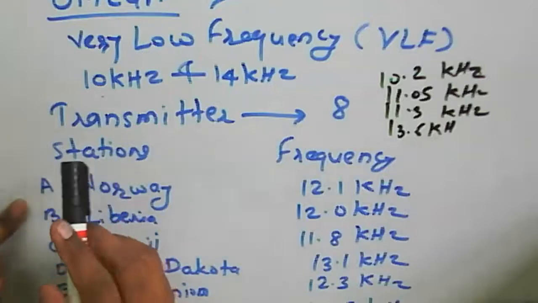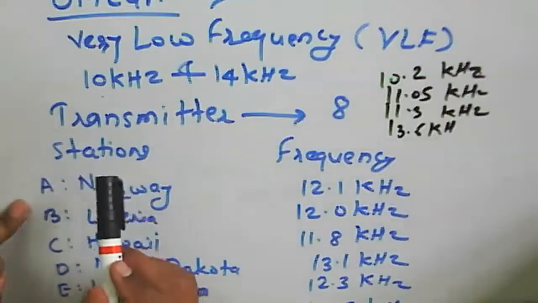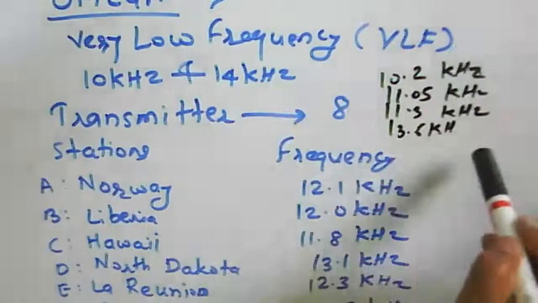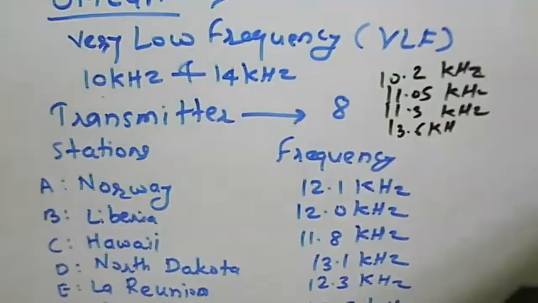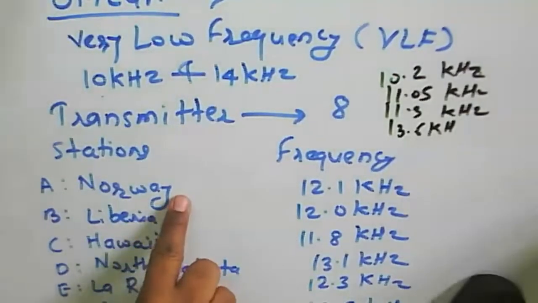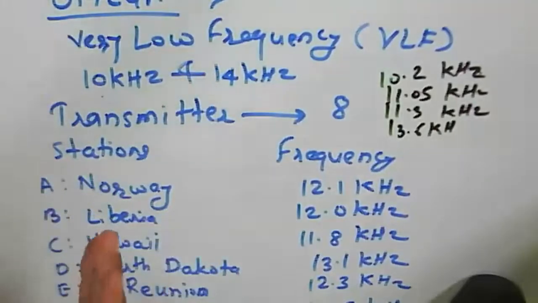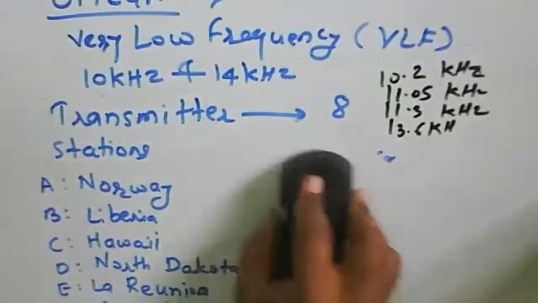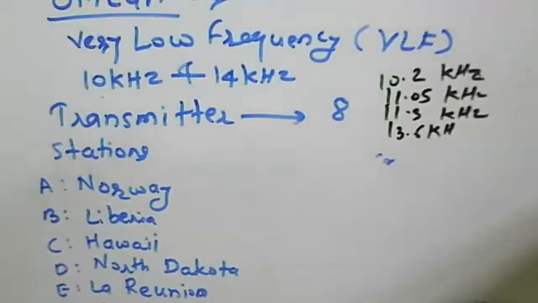If you consider the 8 transmitting stations, each transmitting station follows a band of frequencies. These are the frequency ranges they are using. Suppose we consider Norway here. We can consider the band of frequencies, so just remember this particular band of frequencies.